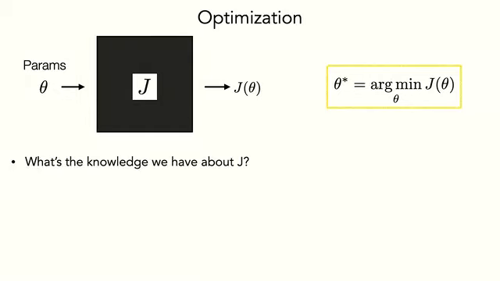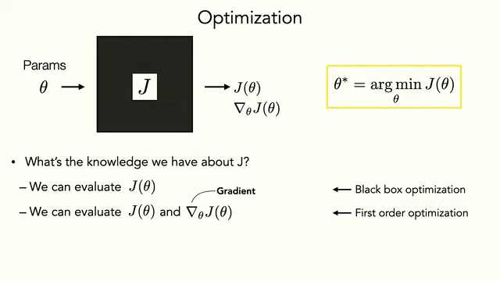So what's the knowledge that we have about J? Well, first, we know that we can actually evaluate J of theta for any given theta. So this is something that we can actually evaluate, right? You can calculate the loss over a training data set or a test data set. We also know that we can evaluate the gradient of J with respect to theta. This is first order optimization.